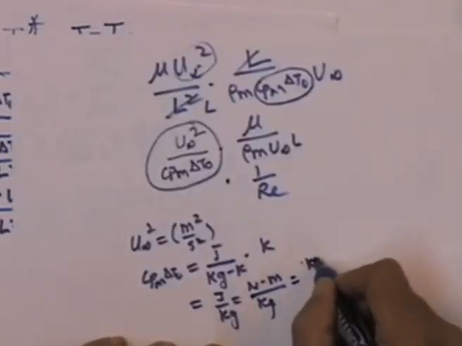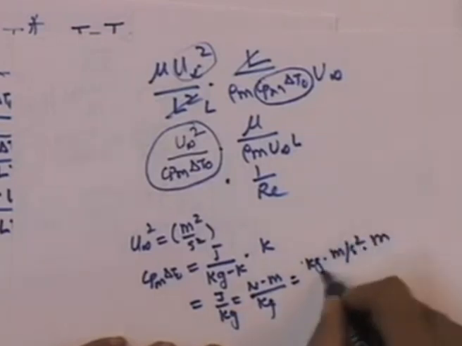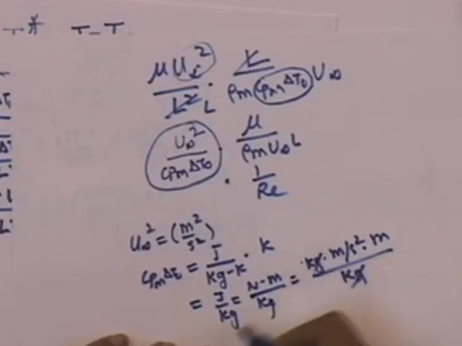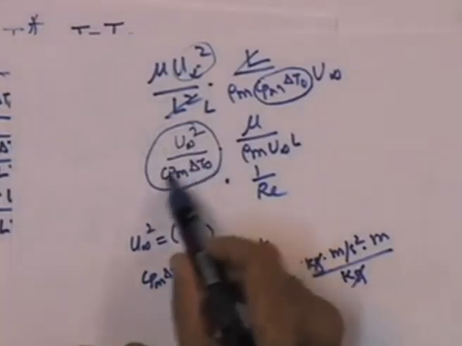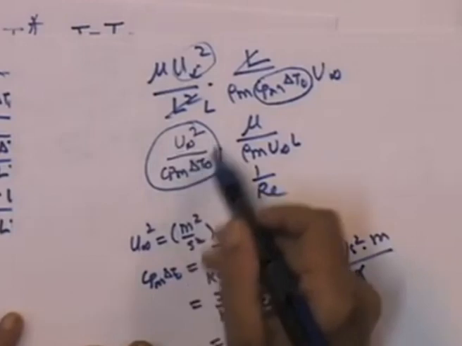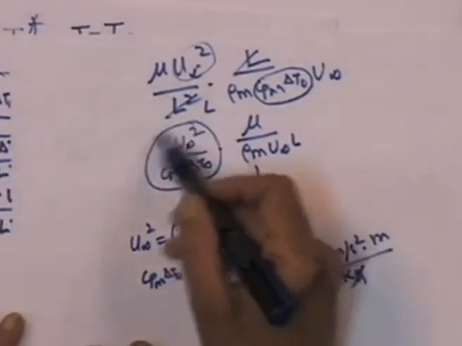Newton is kg into meters per second square, into meter divided by kg. So, kg gets cancelled, and you again get meter square per second square. So, remember CPm delta T naught and u infinity square both have same units, and therefore, this is a dimensionless quantity.